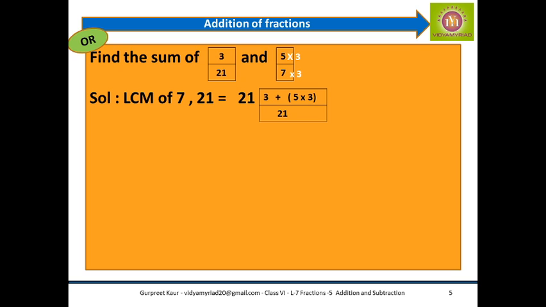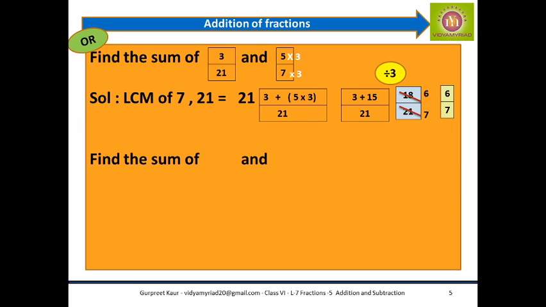I will take the LCM 21 and I will do it in this manner. 3 plus 5 into 3, which is 3 plus 15 upon 21, and 18 upon 21 is my required answer, which can be reduced. So I can write it as 6 upon 7. So any of the methods you can use wherever you are finding it easy.